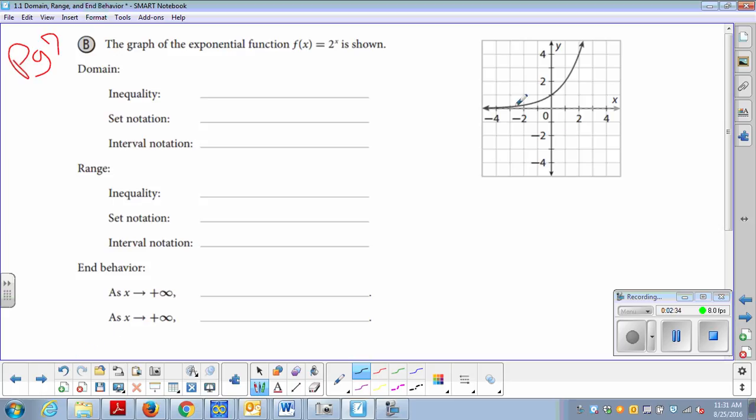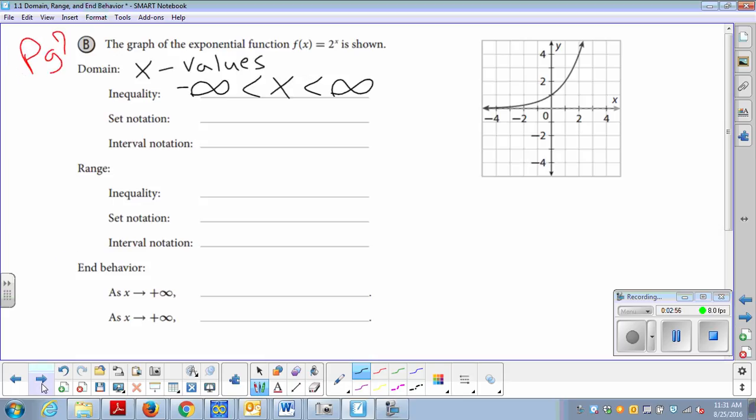Now, since I have this graph here, I can tell all my values for x. If you go from 0 and go left to right, x goes on forever this way based on the arrow, and it goes on forever this way based on the arrow going up. And that's going left and right. So the inequality, which is the x values, is x is greater than negative infinity but less than positive infinity.